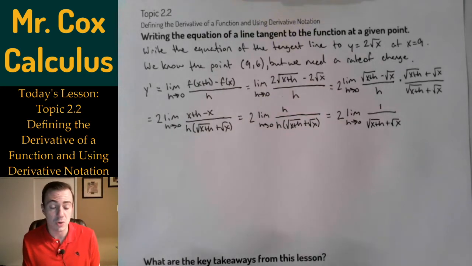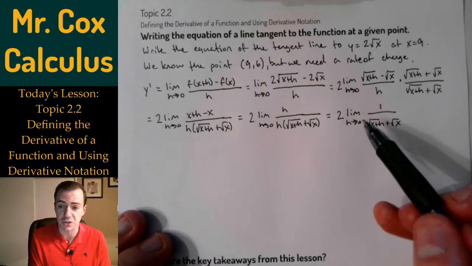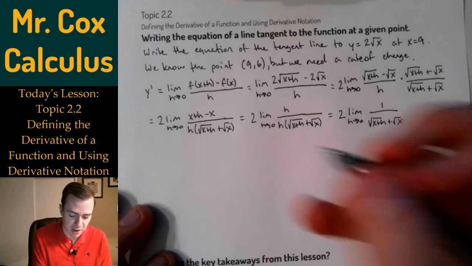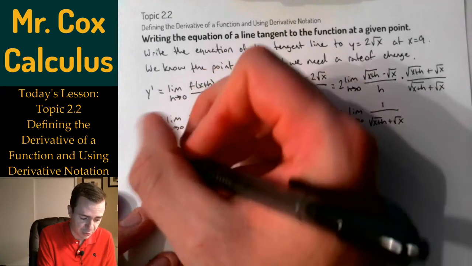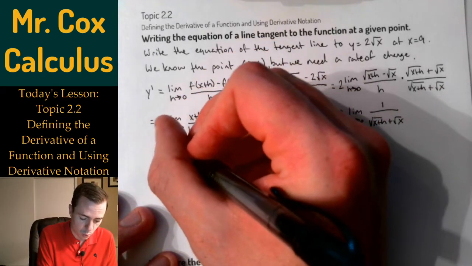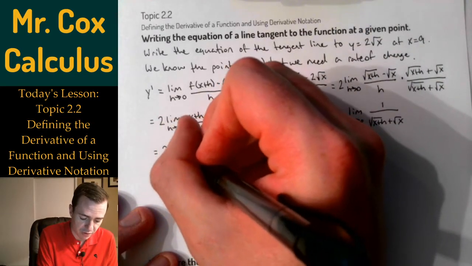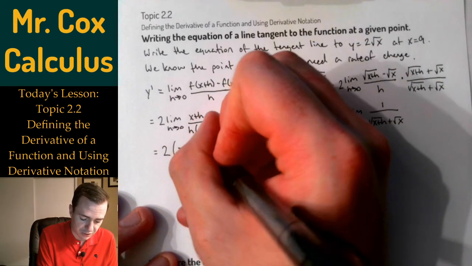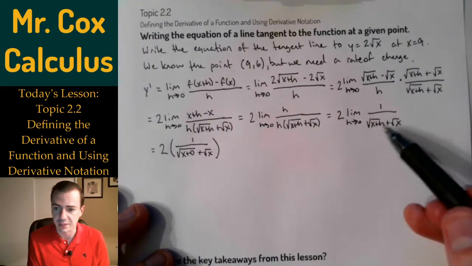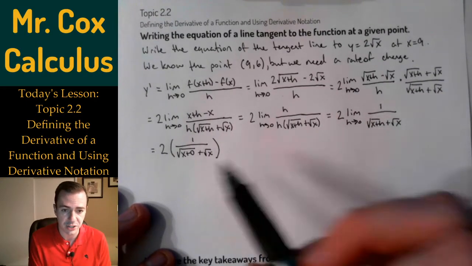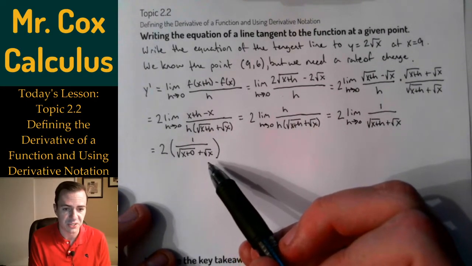We are now ready to evaluate this with direct substitution. I can substitute 0 in for h, so this is equal to 2 times 1 over the square root of x plus 0 plus the square root of x. That's what I get when I substitute 0 in for h. And now I don't have a problem where 0's in my denominator.